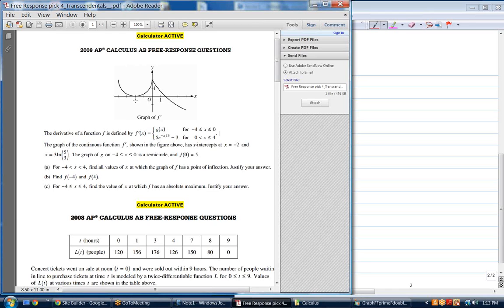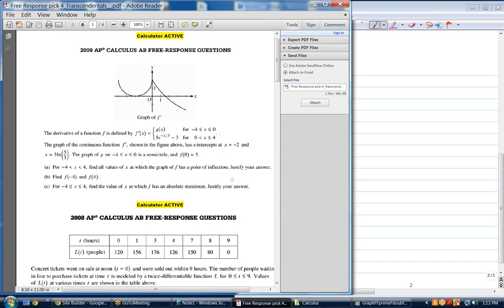The reason being is that the first derivative of this is the slope, and that slope is going to be 0. So the second derivative of the function is going to be equal to 0 right here at x equals minus 2. And it's going to be undefined here at x equals 0, and I'm not quite sure what that means. So the answer to A is either minus 2 or minus 2 and 0.